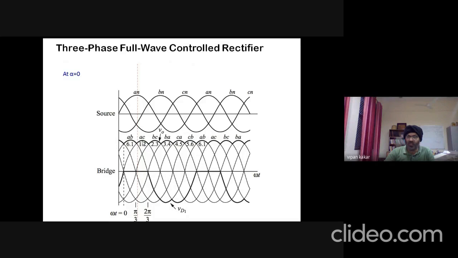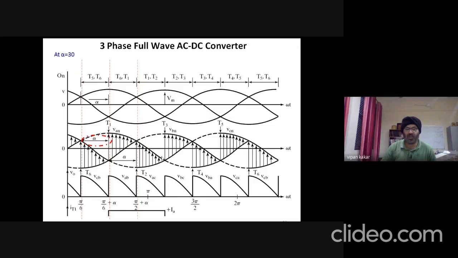A small capacitive filter can be useful for this, because now the ripples are smaller compared to the full wave rectifier, where the ripples were larger. So due to this, 3-phase is very much useful, because the cost of the circuit will be much lower, as we can use a very simple filter to get rid of very small ripples. So this is now the 6-pulse rectifier using 3-phase supply.